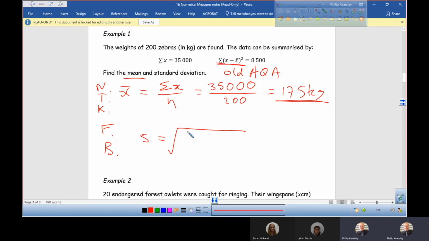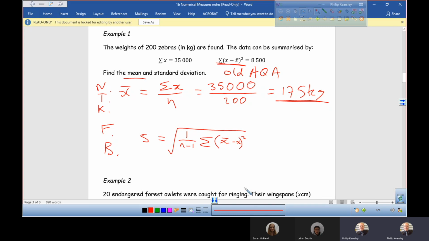So all we've got to do is sub that single value there. No subtraction, no squaring, no summing. They've already worked out what that sum of squares is.